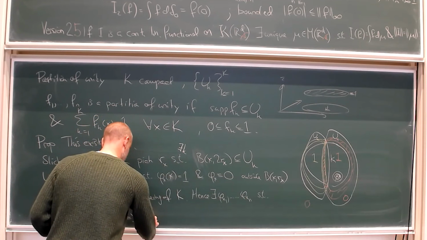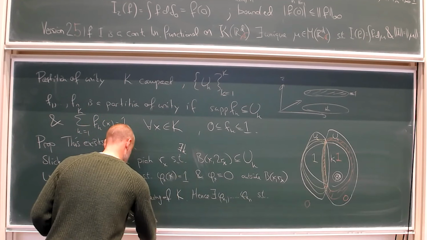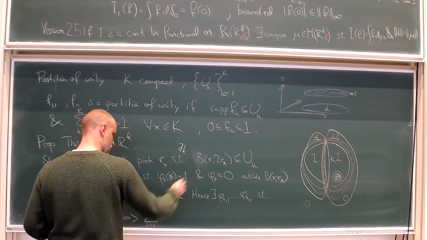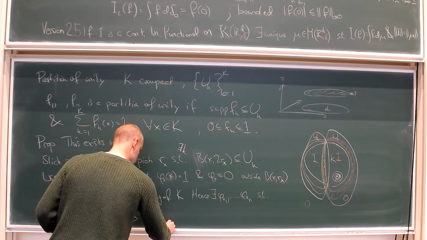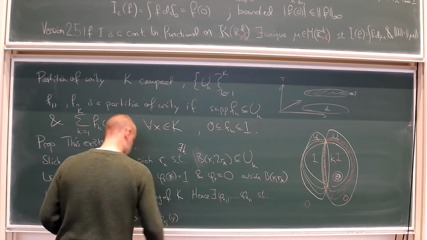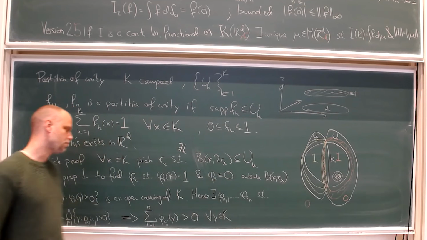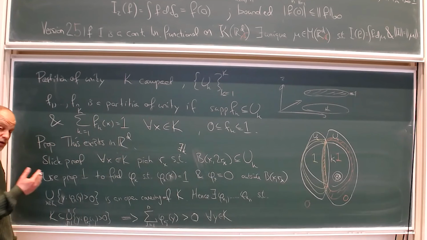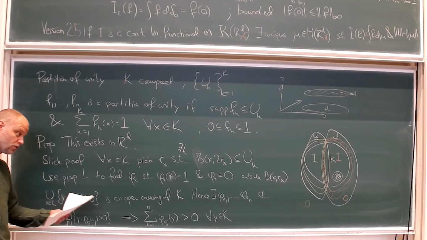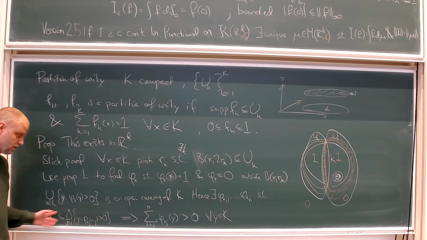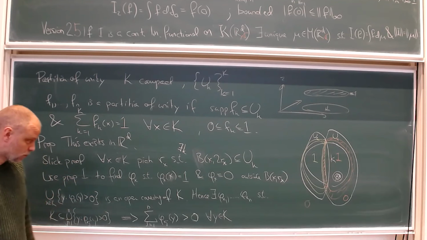If I now look at this sum, with a new variable j going from 1 up to n, the amount of functions. If I now sum them all up, I get a value bigger than 0 for all points y in my compact set K. Otherwise, this wouldn't have been a covering. Good.